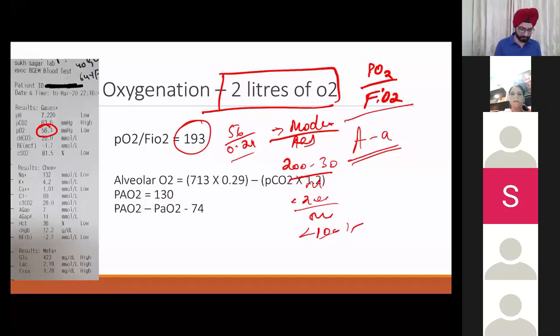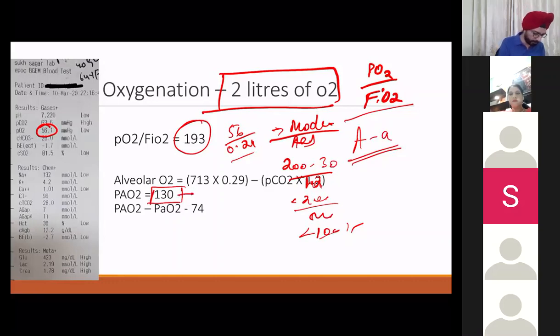The second method is alveolar oxygen. How do you calculate the alveolar oxygen? We learned this in the first class. 713 into FiO2 minus PCO2 into 1.2. So you calculate that keeping FiO2 as 0.29, which we just calculated. The alveolar oxygen comes out to be 130.